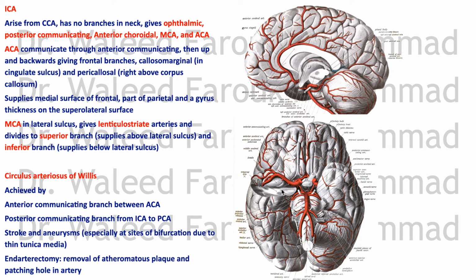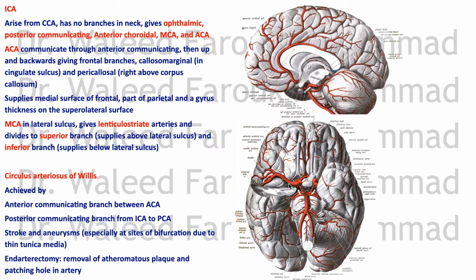Then it divides into superior and inferior branches to supply the superior and inferior areas of the superolateral cerebral hemisphere. Okay, so by its distribution, it's responsible for memory too, but also for the hearing and speech centers and the upper part of the body, sensation and motor-wise. Okay, that was the anterior cerebral, and that was the middle cerebral artery.